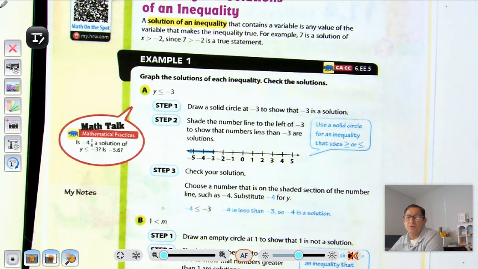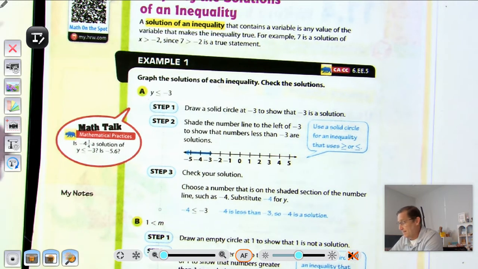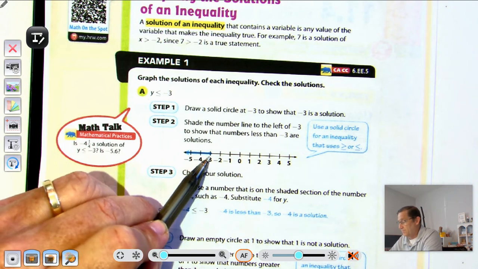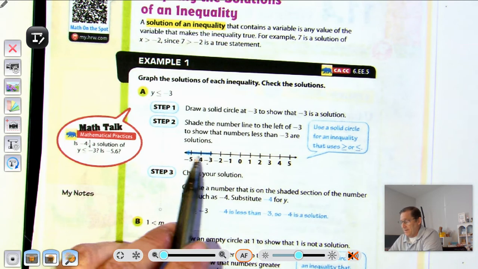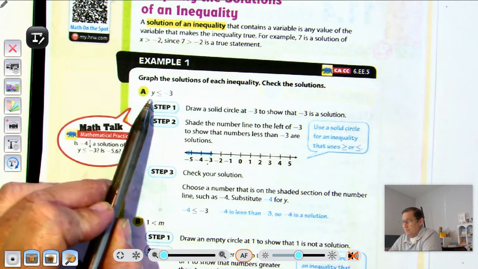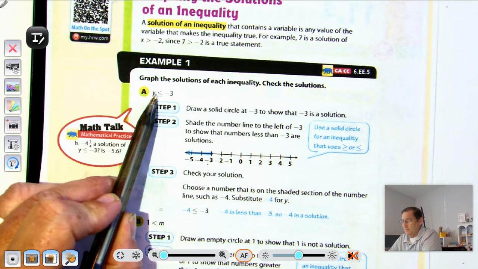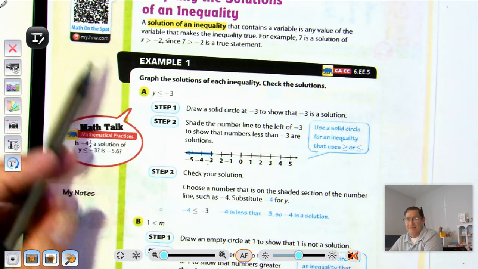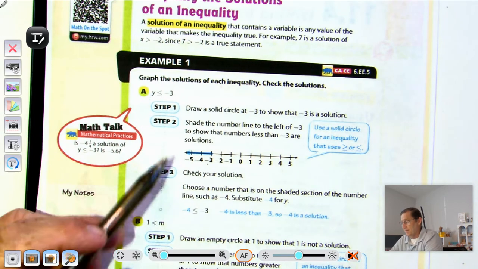All right, so draw a solid circle at negative 3 to show that negative 3 is a solution. Okay, you see I have a solid circle. And then we're going to shade to the left of negative 3 because the less than symbol is pointing at the variable, so the numbers have to be less than negative 3, so we're going to go to the left.